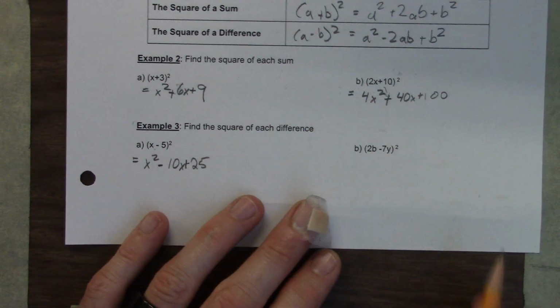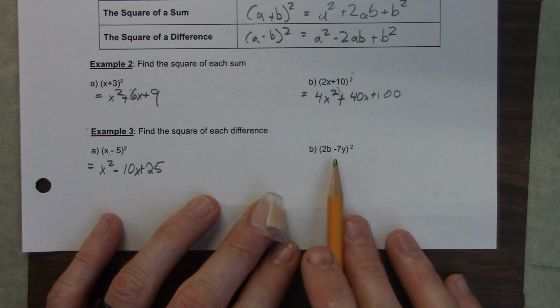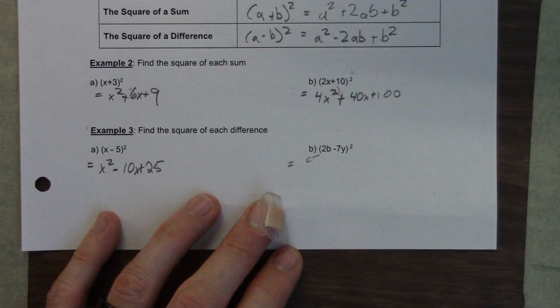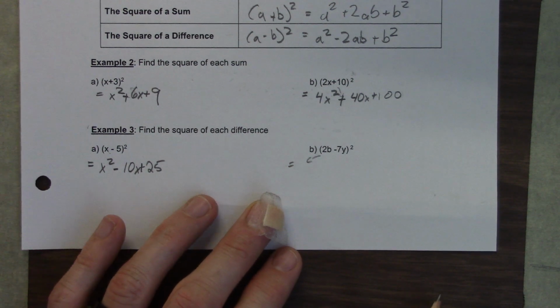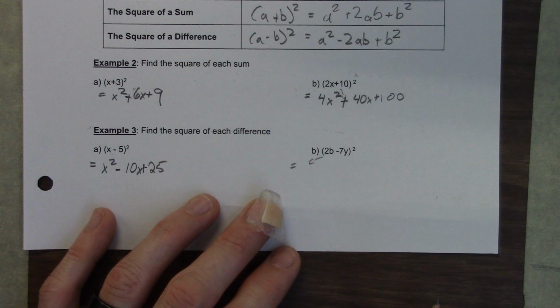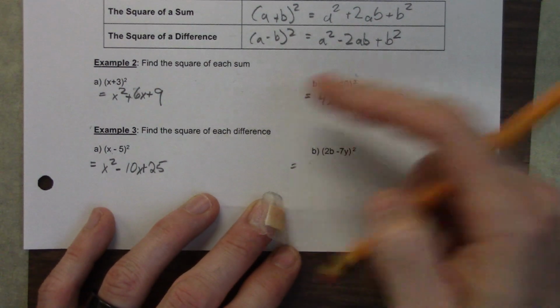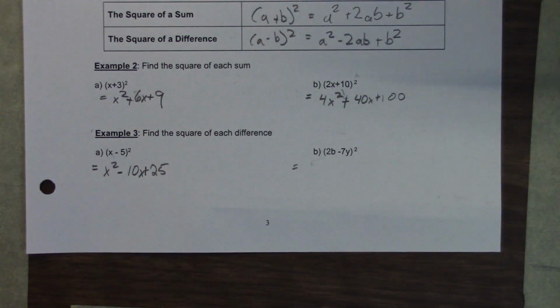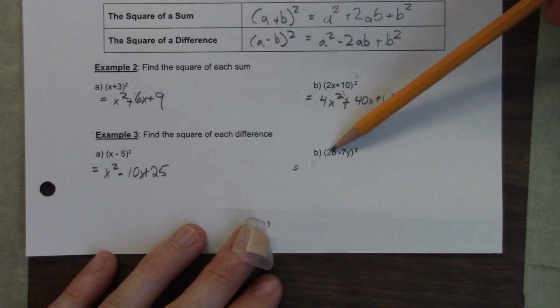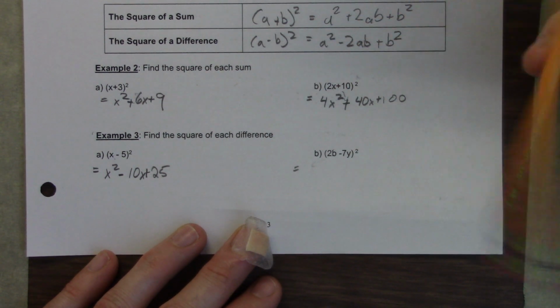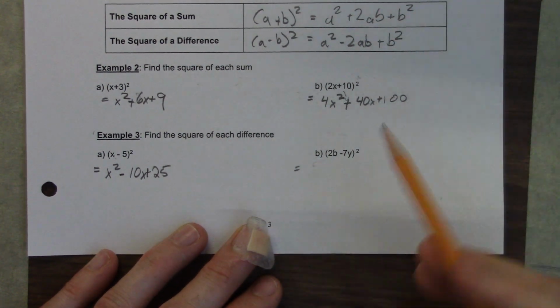All right, Maxis, try this one. Okay, what am I going to write on the left here? Way on the left? I don't know, I'm just trying to figure it out. We have to write the square of 2b. So what's 2 squared? The b is squared, you're right.